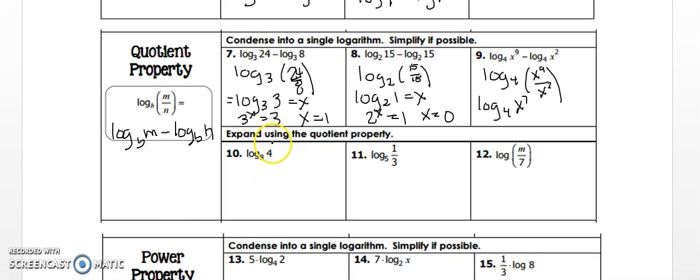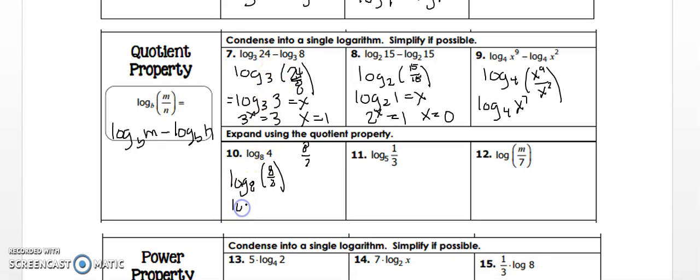All right, so we could expand these as well. And there's lots of ways we could get to 4. I'm just going to say 8 divided by 2. Okay, so this is going to become log base 8 of 8 divided by 2, because 8 divided by 2 is the same as 4. Well, we're dividing here, so now we're going to split it into subtraction.